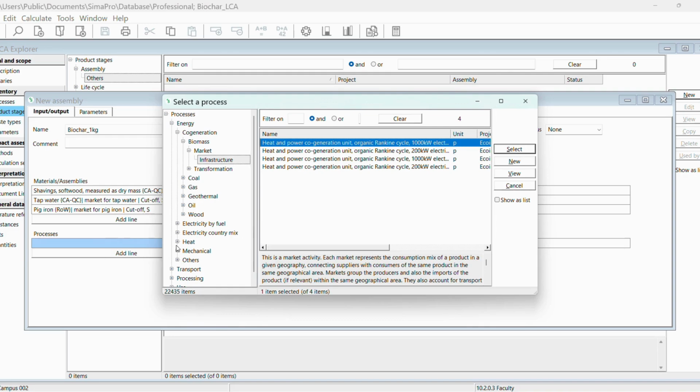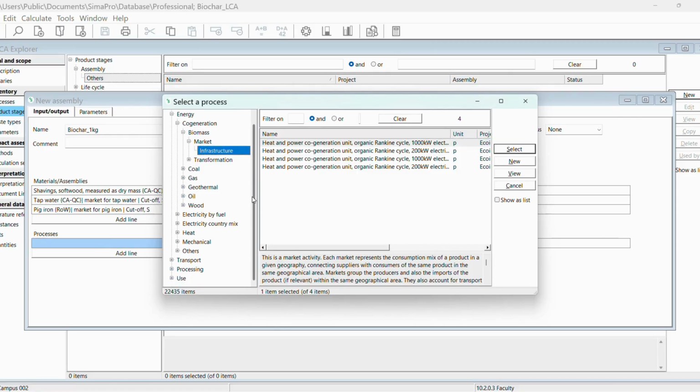and then we can go process and then processing, metal, and then welding.